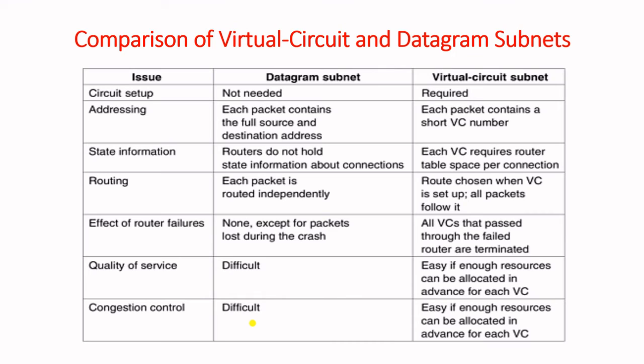Congestion control is comparatively difficult in the case of datagram subnets, but in case of virtual circuit subnet, it is easy if enough resources can be allocated in advance for each virtual circuit. In this way we can say congestion control is employed in the virtual circuit subnet. Okay, so this is the comparison of virtual circuit and datagram subnets.